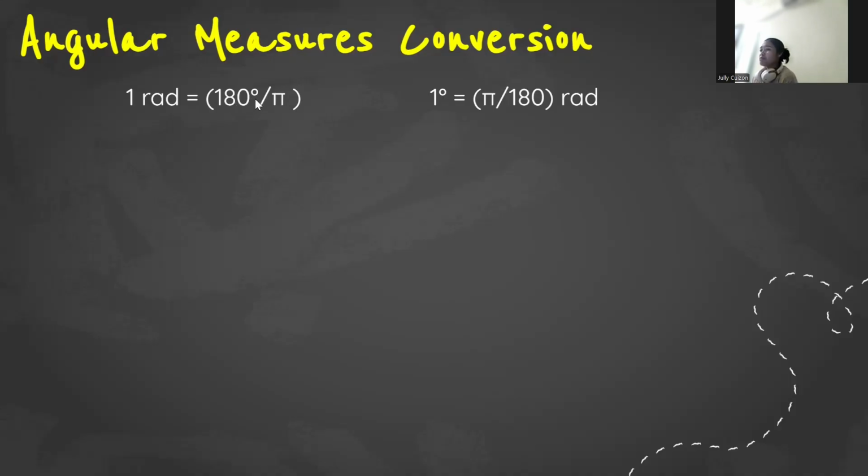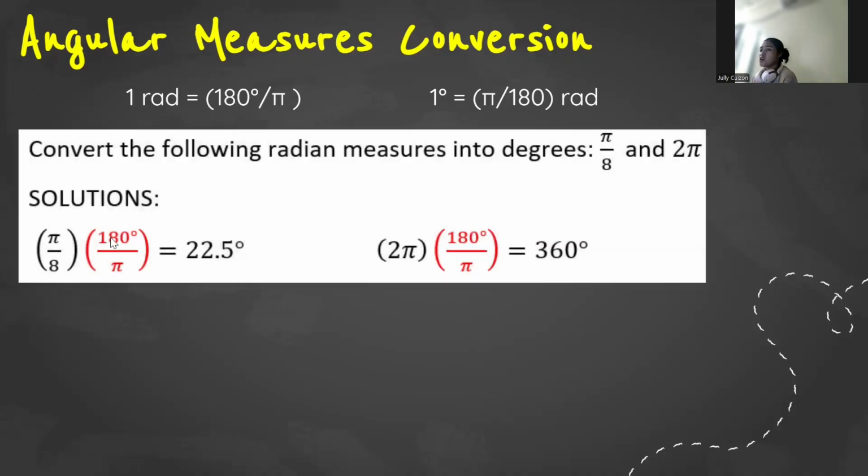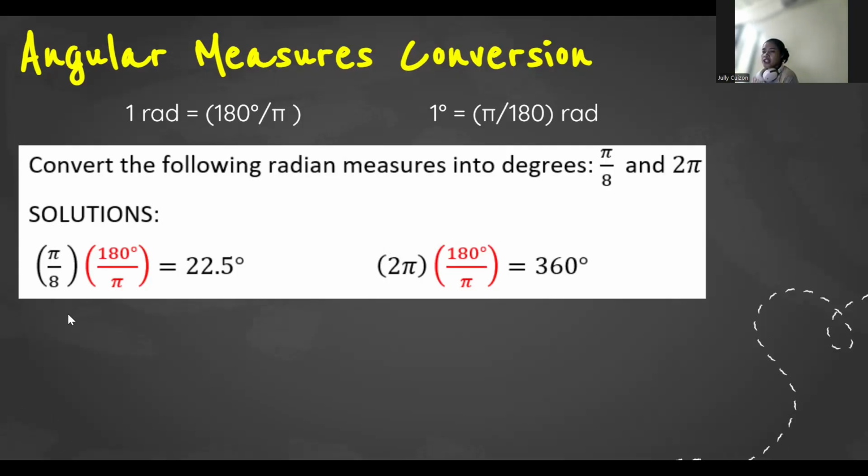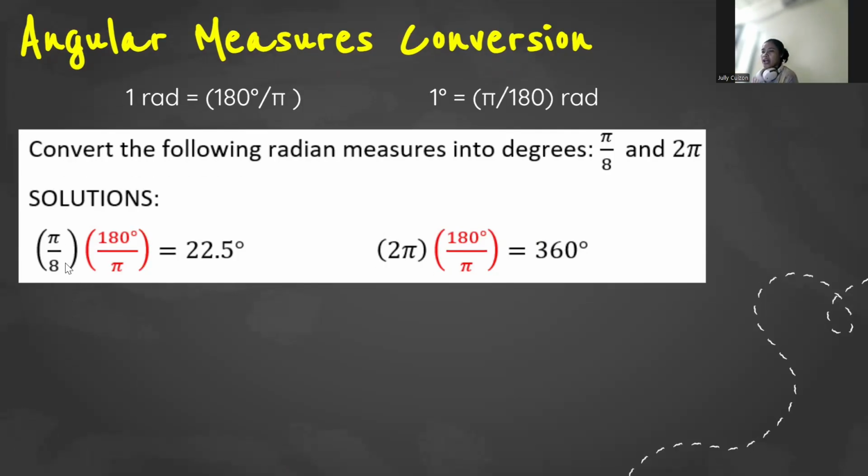Ang imuhang numerator kay in degrees, kay imuhang goal is the conversion to degrees man. Alright, so to recall, when we are going to multiply fractions, of course, numerator to numerator and denominator to its denominator.